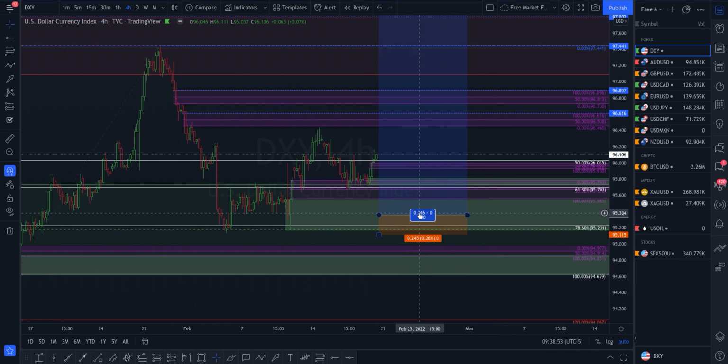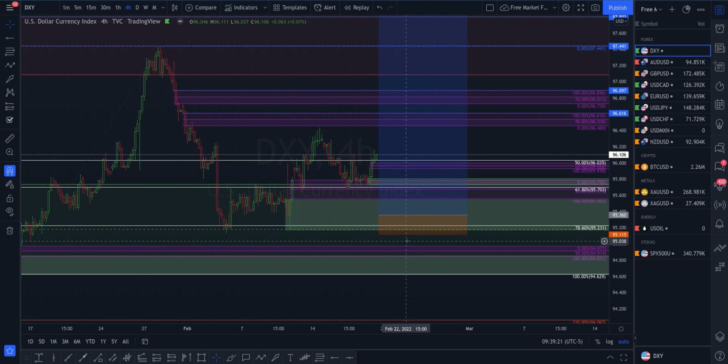Okay. Now, of course, you want to wait for confirmation. You have to wait for confirmation. So this may not be a 100% accurate entry. Entry could possibly be somewhere up here if you wait for confirmation. If you jump down to a lower time frame and wait for confirmation, it may be a little lower.